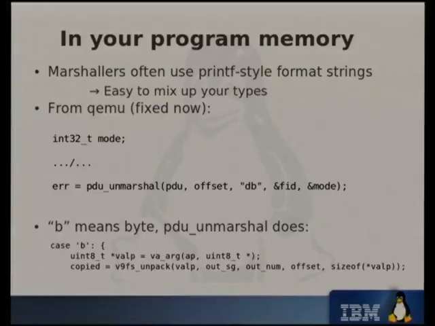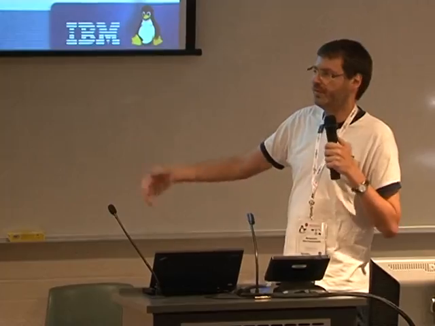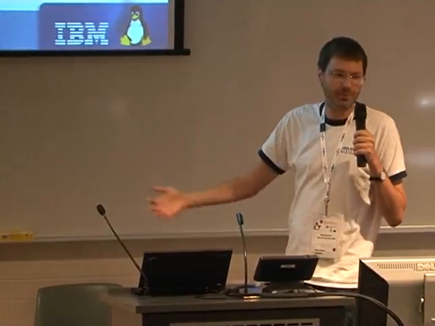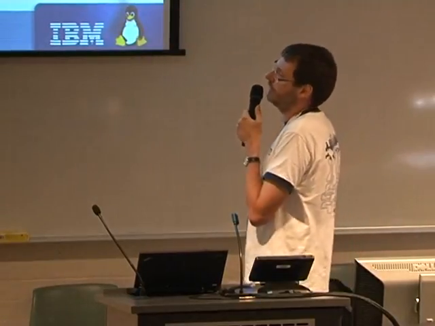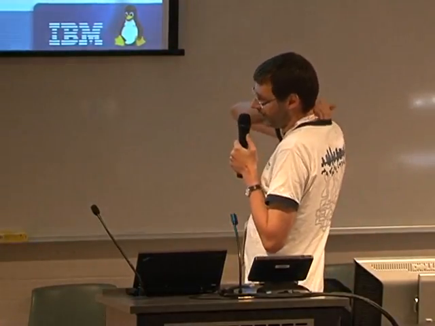So another class of problems that I found is reasonably common is marshallers and unmarshallers. Those things will use a printf-style format string. So you're going to pass a list of characters that indicate what the type of the arguments are, and then you pass the actual pointers to the arguments, and that's going to generate some data stream or file or some RPC thingy. This is a bug I fixed recently in QEMU in the Plan 9 FS.